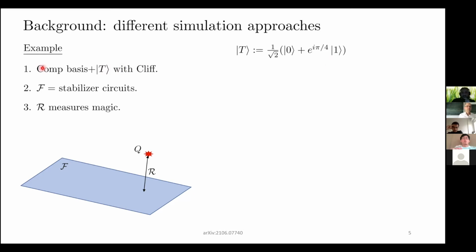And beyond this, everything is Clifford. And here the free subtheory is the stabilizer circuits. And this resource is going to be some measure of the magic that's in this initial state.